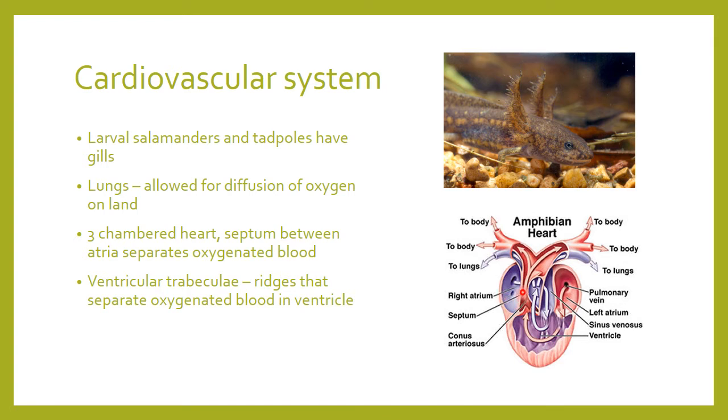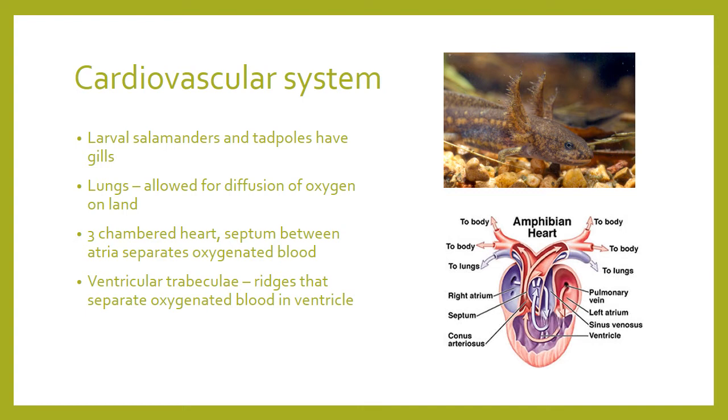Remember, there's double circulation in amphibians and all the higher vertebrates, where blood goes out to the lungs, picks up oxygen, comes back to the heart, and then gets pumped out to the rest of the body to deliver that oxygen.